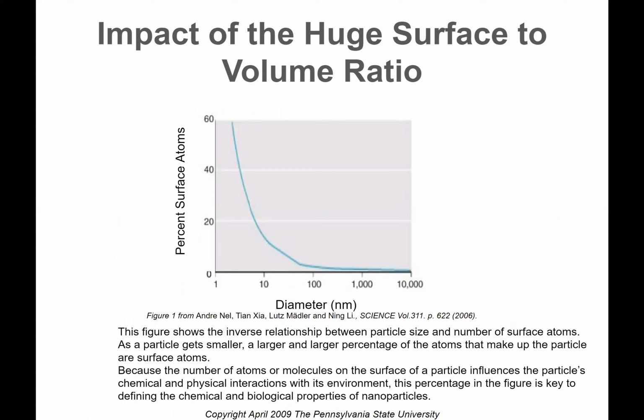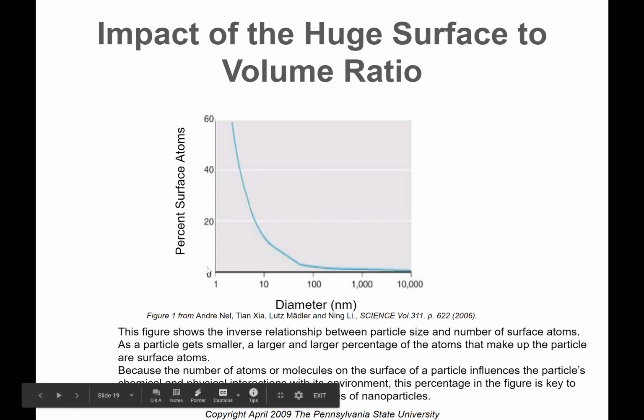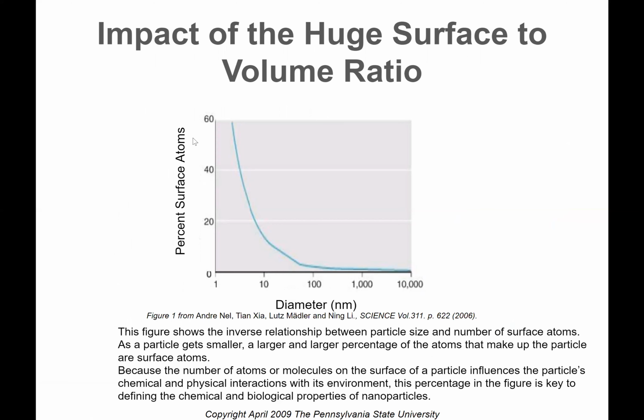So this gives you an idea of the percent of surface atoms based on the diameter of the particle. If we start getting into the 1 to 10 nanometer range, we have like 20 to way over 60% of the atoms right on the surface of that particle.